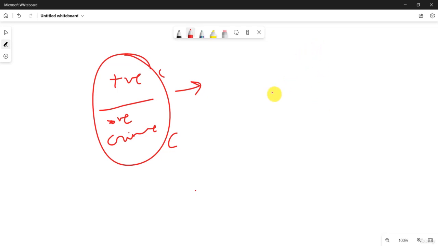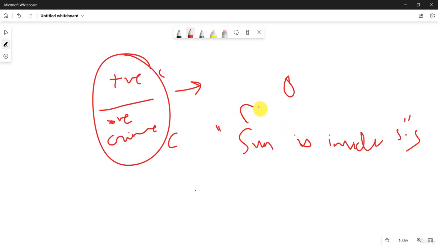If the value is near 0, then that is a fact. Let's take an example sentence: the Sun is inside the solar system. This is a fact, so the value of subjectivity for this sentence will be near 0.